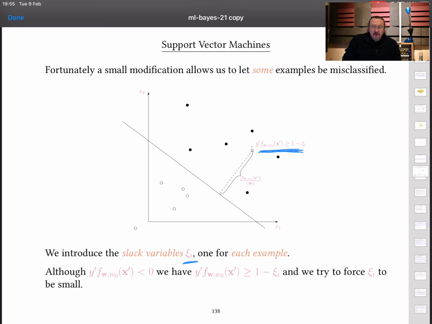So, the fundamental idea now is, as summarized at the bottom of the slide here. Although we now have a training example x prime, y prime that's on the wrong side of the decision boundary, so we can't constrain y prime f of x prime to be greater than or equal to 1, we can constrain it instead to be greater than or equal to 1 minus its slack variable. And then we force the slack variables to be non-negative but also small.